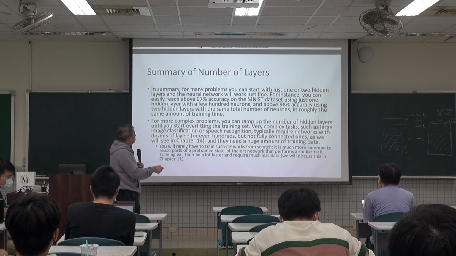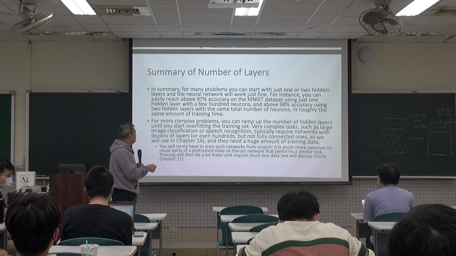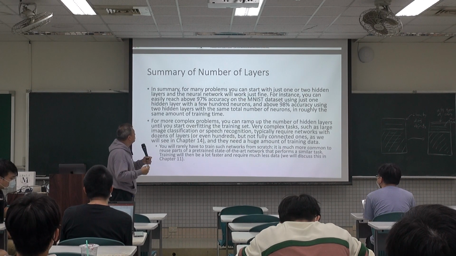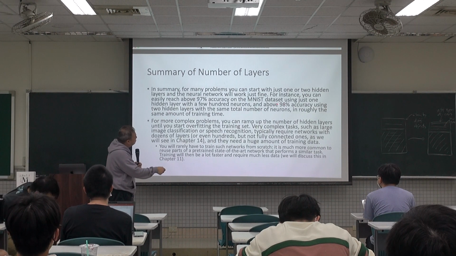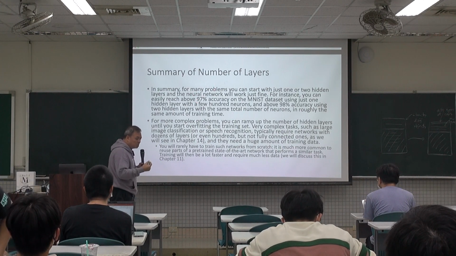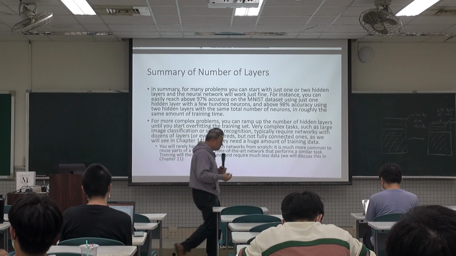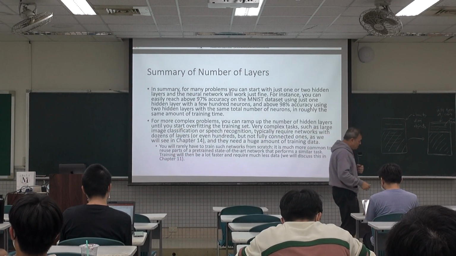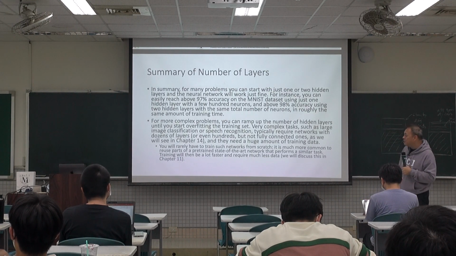So you can see the deeper network gives you a little bit higher accuracy. I mean, not by a lot. The improvement is 1%, but of course this 1% is very nice. But that's probably because the problem itself is simple.